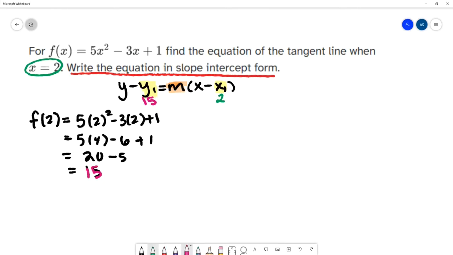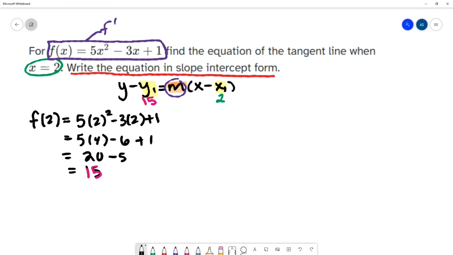So where the calculus comes in is with the slope of the line. The slope of the line is the derivative. So we're going to calculate the derivative of our function, and the derivative will give us the slope at any particular point.